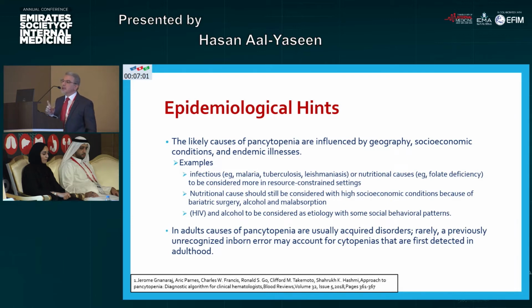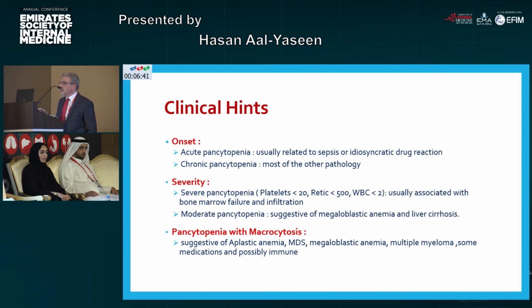However, keep in mind that some causes of bone marrow aplasia appearing in adults, or HLH, can be due to genetic inborn errors which have low penetrance, and they only show later in adulthood, and they sometimes need a trigger factor, an external trigger factor. So those were the epidemiological hints.